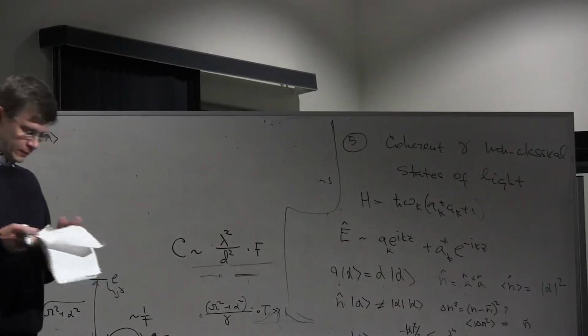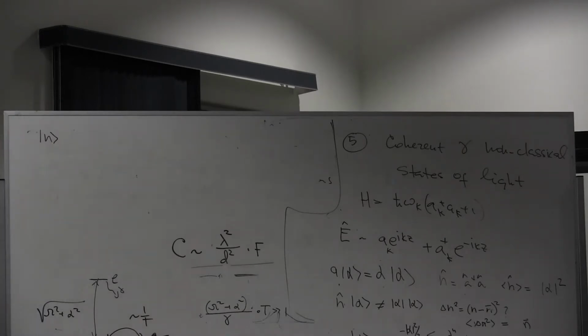So in general, non-classical states can be thought of as states which cannot be represented as a statistical mixture of different coherent states. Right? So a coherent state is essentially a classical state. And if you have a state like a thermal state, for example, you can think about it as a statistical mixture of different coherent states.